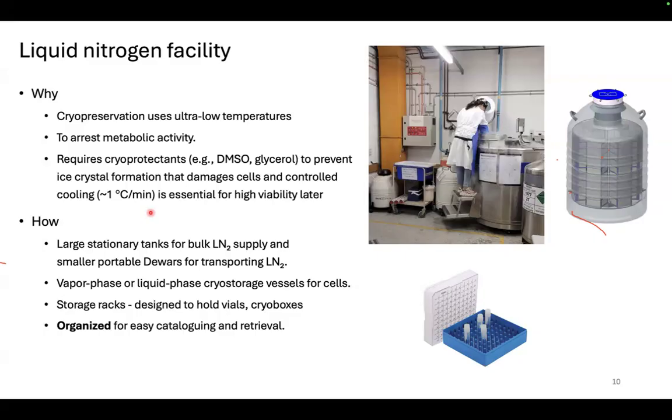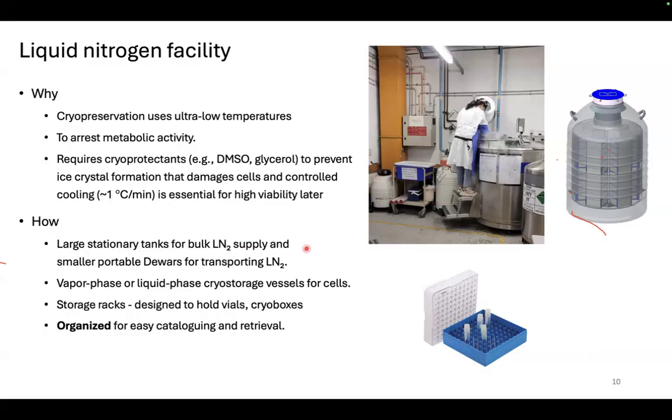From 37 degrees to -80, if it takes them about 2 hours, then that's the perfect time. So there are these small boxes which are generally filled with isopropanol, if I'm not wrong, and styrofoam or plastic and different setups. So you can put these cryo vials in those specialized boxes, not this box, and put that box in -80.